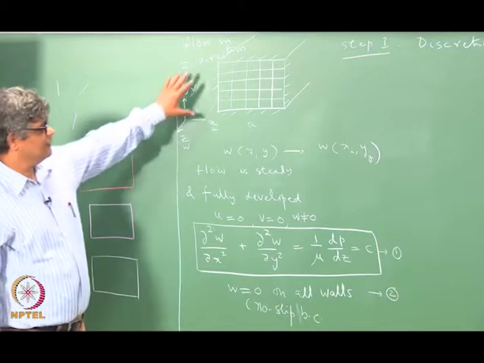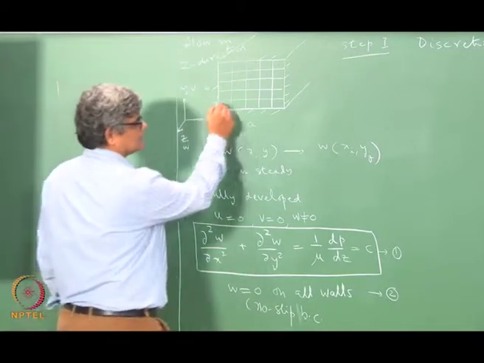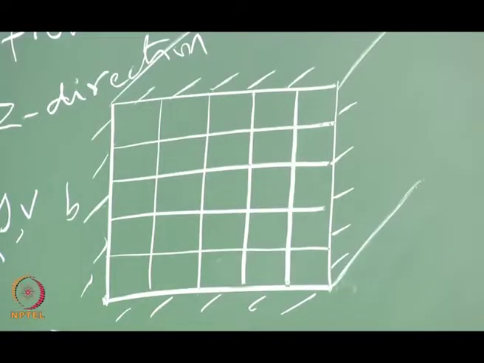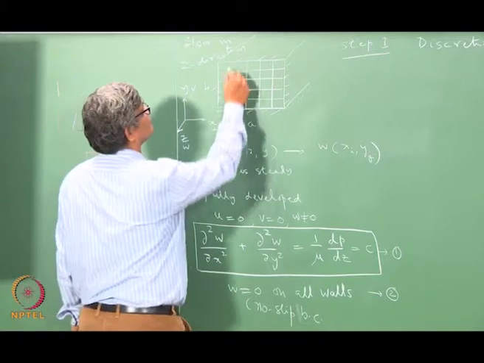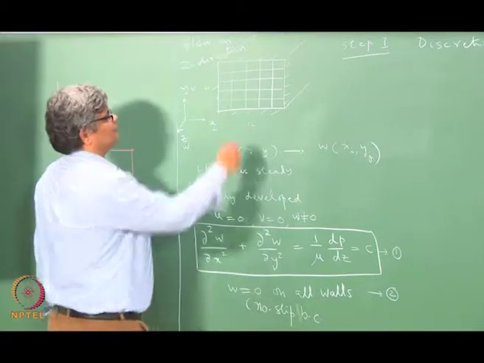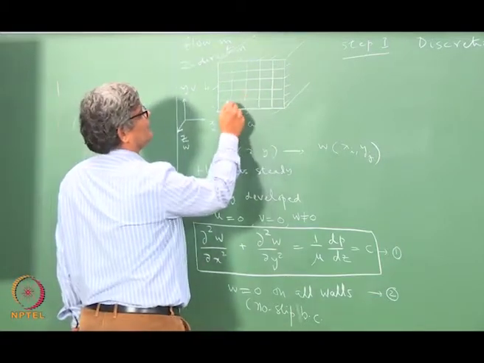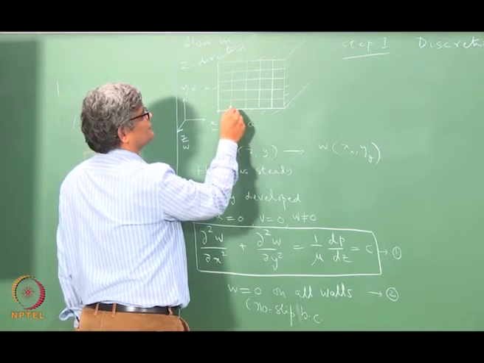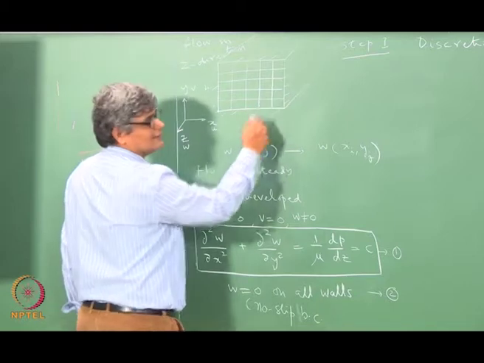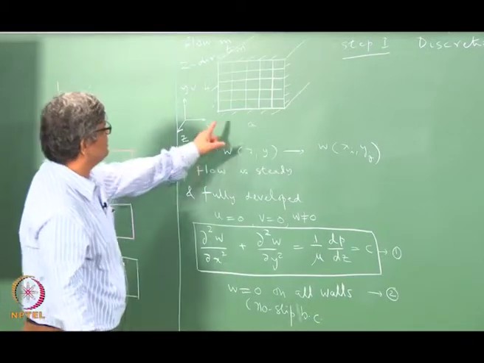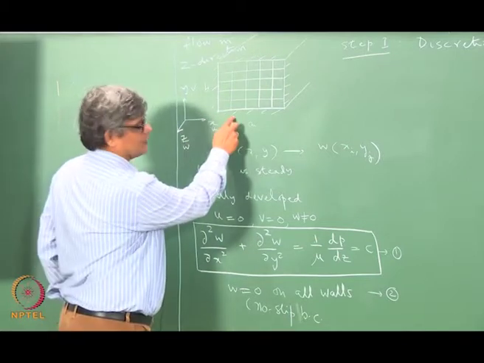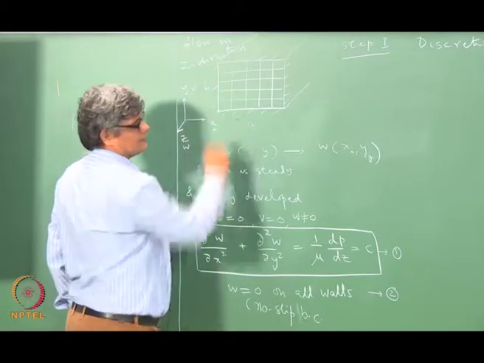Okay. We draw horizontal lines and vertical lines like this in this simplest case, and then we put a grid point at the intersection of these horizontal and vertical lines. We can call these grid lines. This line, this line, this line, this line, these are all x equal to constant, because all along this line x, the horizontal distance from the origin, is the same.